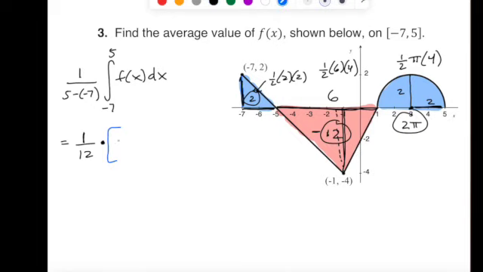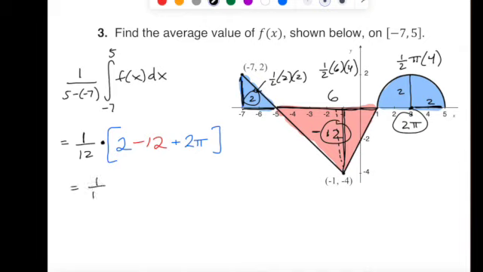So when all is said and done, we have 2, but then we dip below the x-axis and take away 12 units of area, and then pop back above the x-axis for an area of 2 pi, and we're multiplying the entire value of that by 1/12.